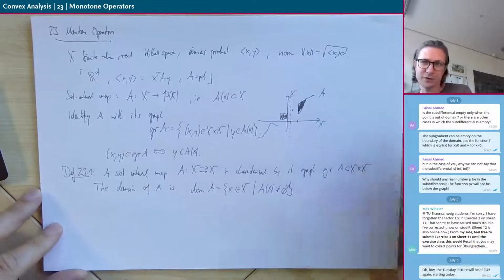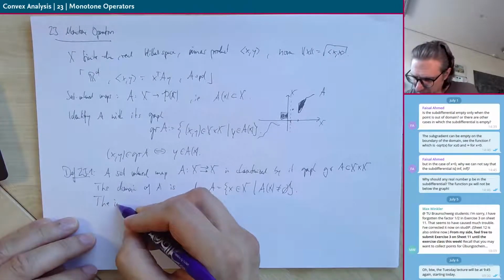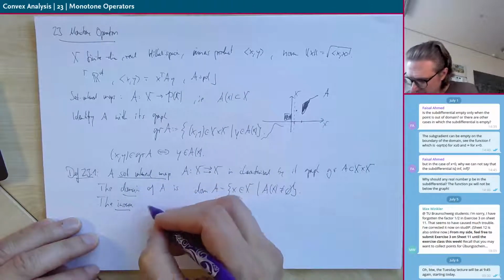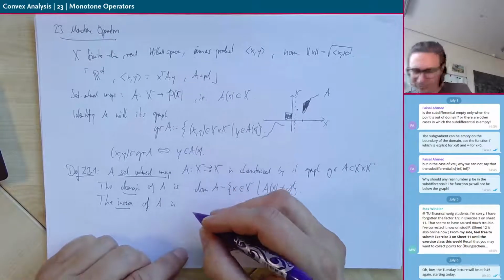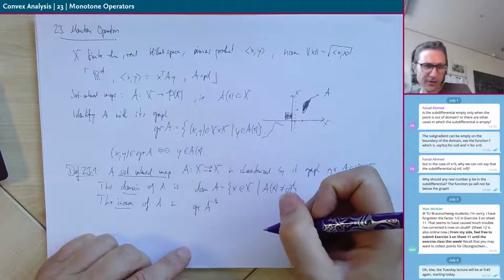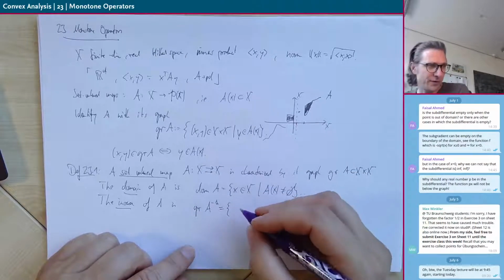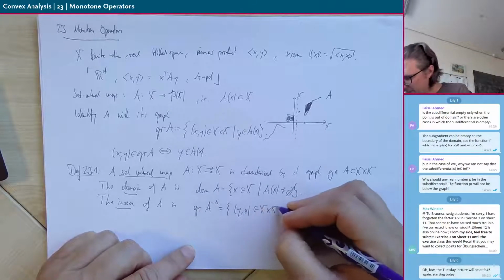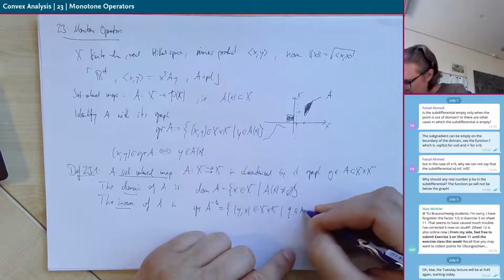For example, we can simply talk about the inverse. The inverse of A is defined by its graph. The inverse is denoted as usual by A to the minus 1, and this is defined as all the tuples (y, x) in the product space such that y is in A of x.